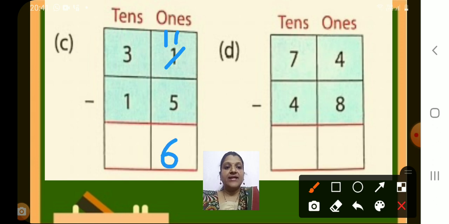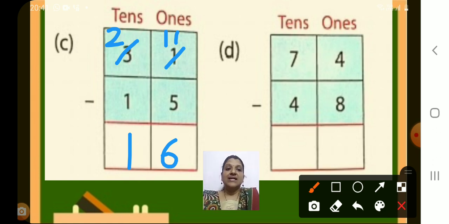Write it down over here. Now we have to strike off 3 at tens place and write number 2 above it. Now we will do the subtraction of numbers from tens place. So 2 minus 1 equals 1. Hence 31 minus 15 equals 16.